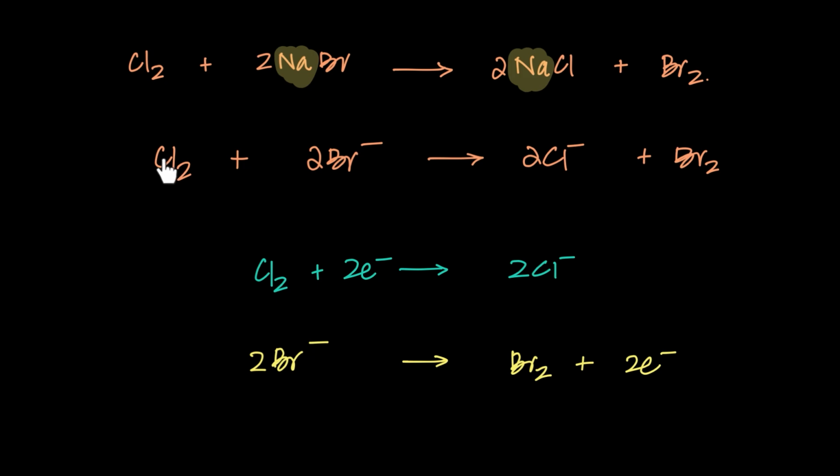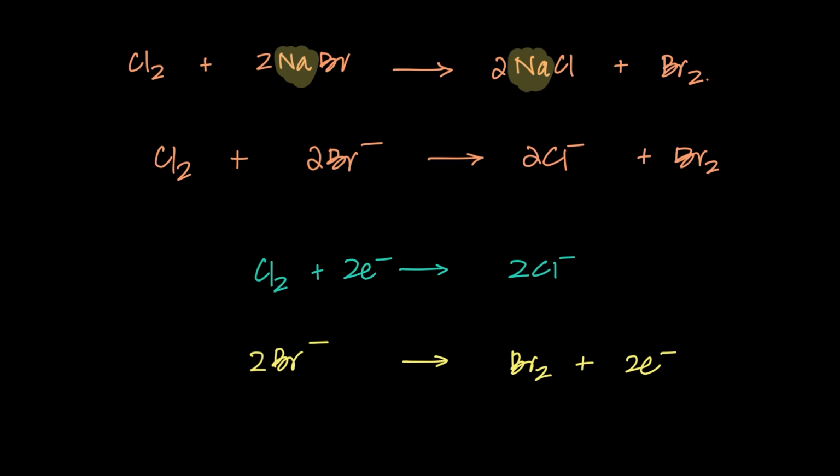So individually chlorine gains 2 electrons to become chloride, and bromide is losing electrons to become bromine. Now we do this to show which is undergoing oxidation and reduction. This is the overall reaction, the ionic equation.